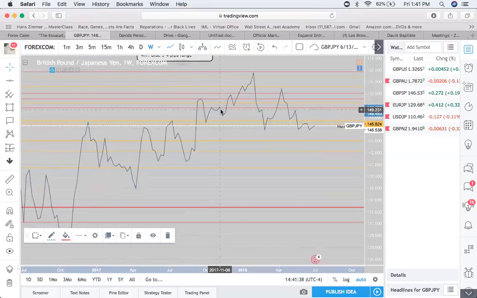Yes. The reason why you want to disregard it is just so it doesn't make your chart too colorful. You don't want anything overlapping one another, and on top of it, the gold lines are a stronger supply and demand zone than the red lines.